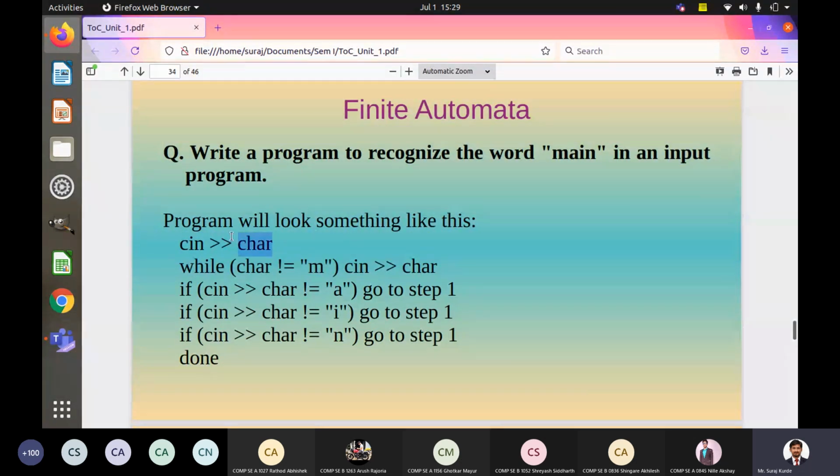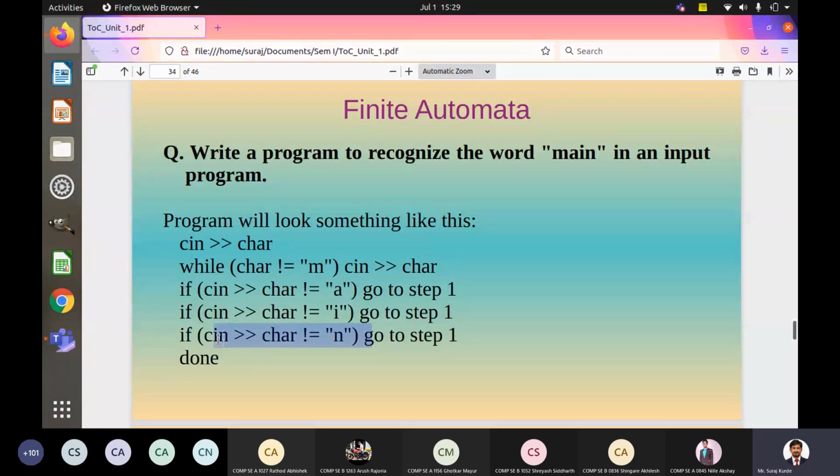This one. This is the first step. So you have to continue it until you find M. When you find M, then if the second alphabet is A, you will check whether the third alphabet is I or not. If the third alphabet is I, then only we will check whether the fourth one is N or not.